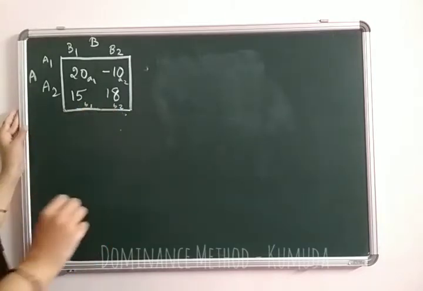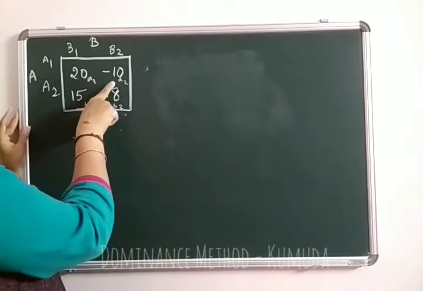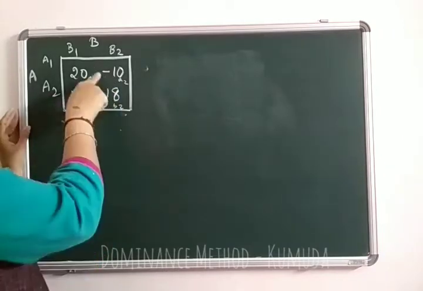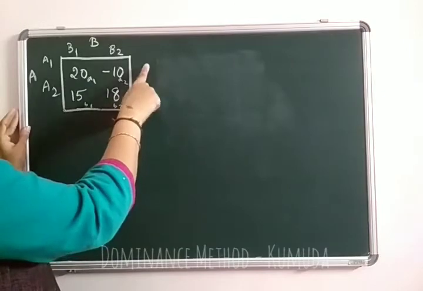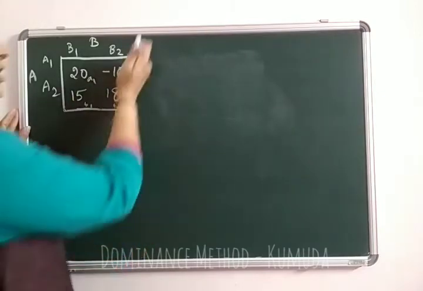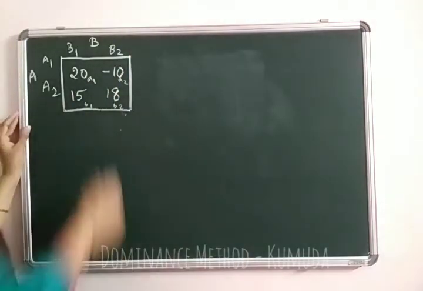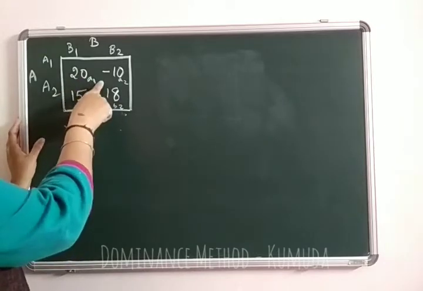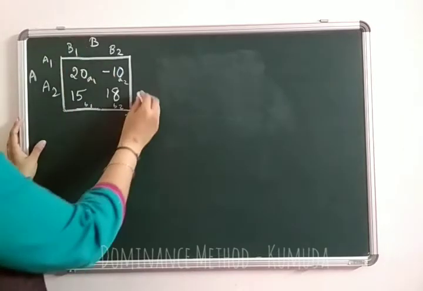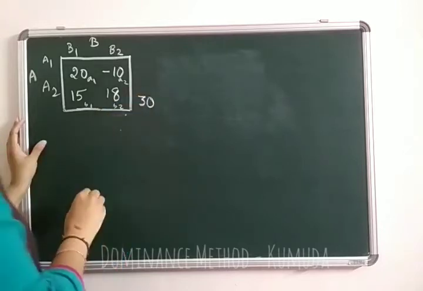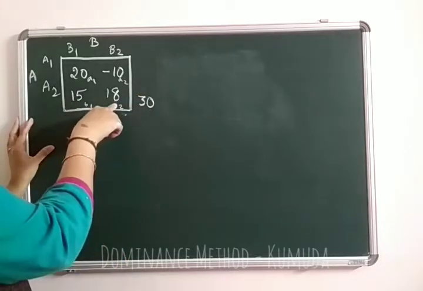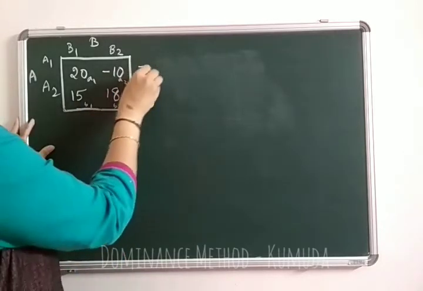Be careful in this question since you have a minus sign here. Whenever we are subtracting, we consider the sign, but when we are writing the value outside, we are not considering the sign of the element. Now the first value, 20 minus of -10 becomes 30. Write the difference here as 30. Now 15 minus 18, the difference is 3. Write it as 3.